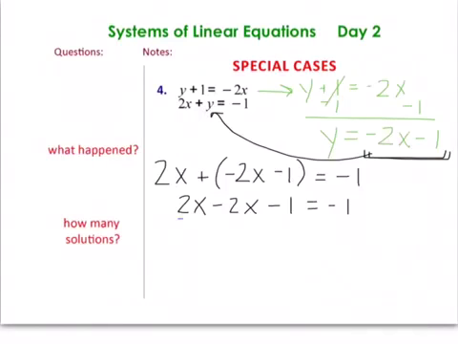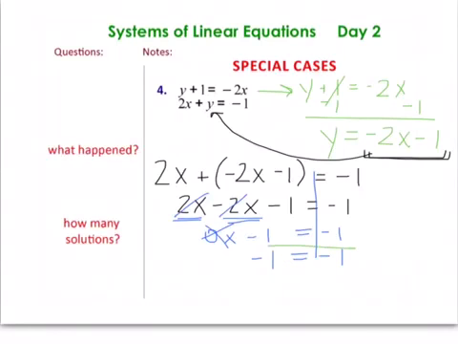Well, 2x minus 2x, they're on the same side of my equal sign, so I just combine them using like terms. Well, 2 minus 2, those cancel out, and I get 0x minus 1 equals negative 1. Well, 0x is just 0, so I get negative 1 equals negative 1.